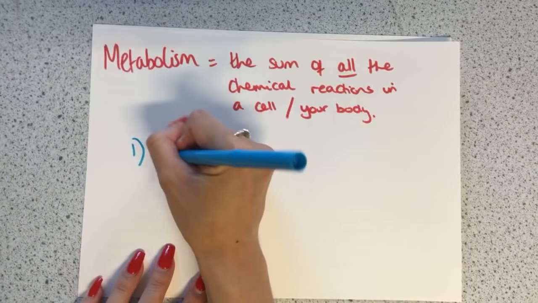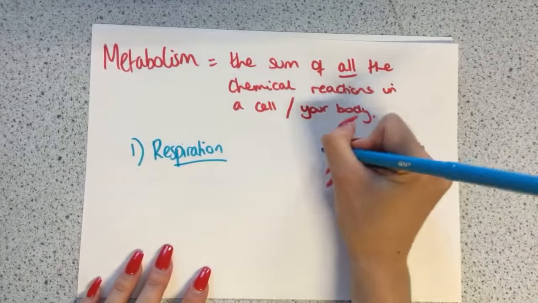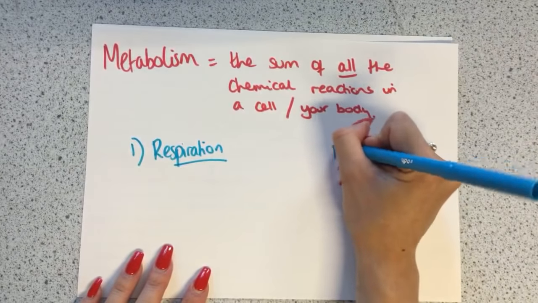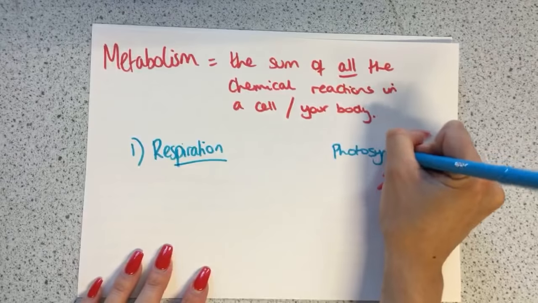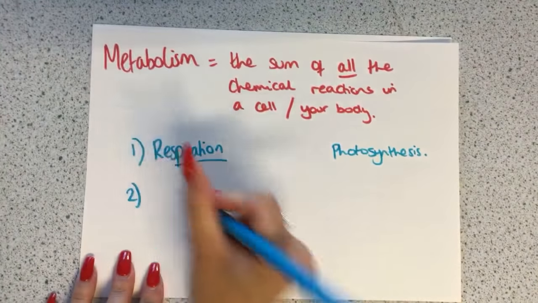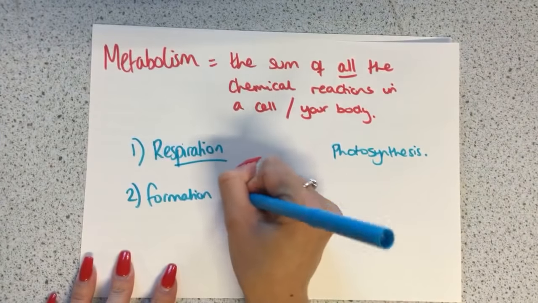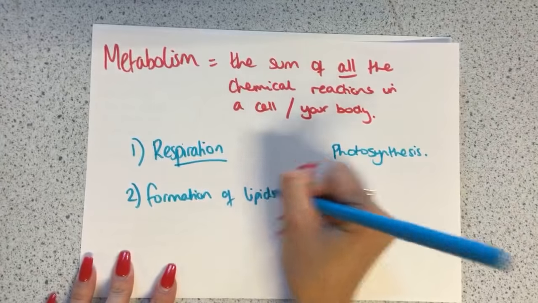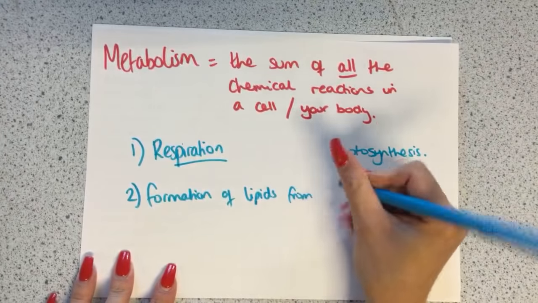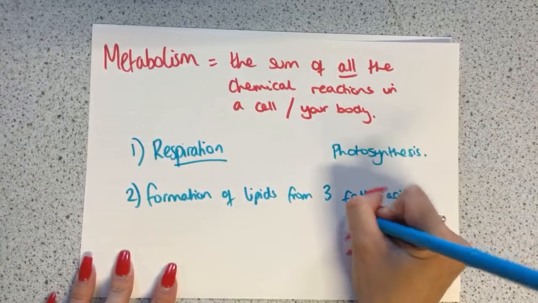So key one, respiration. If you're talking about plants, you could talk about photosynthesis. Okay, you could also talk about the formation of lipids from 3 fatty acids and a glycerol.